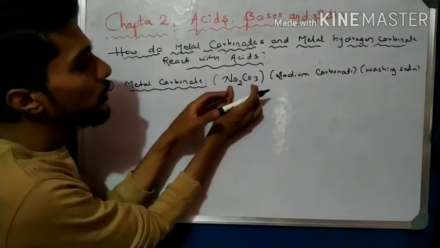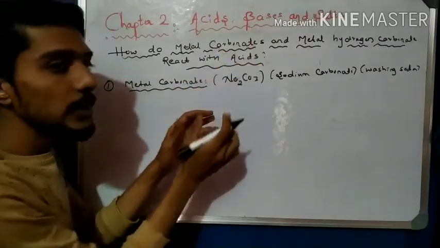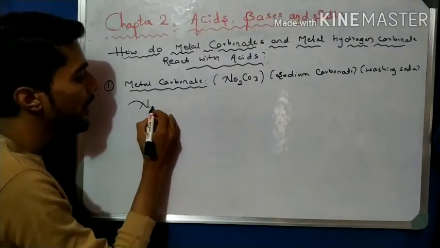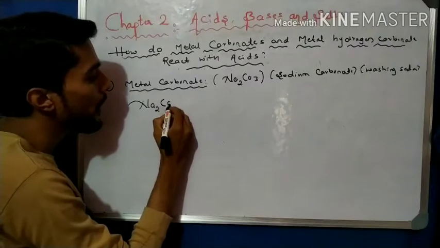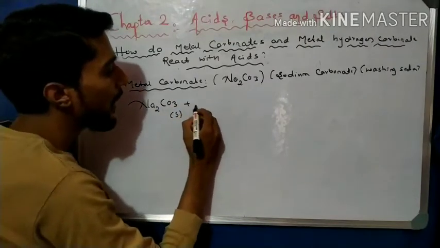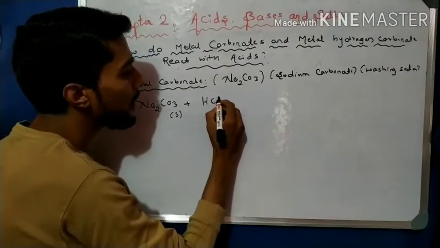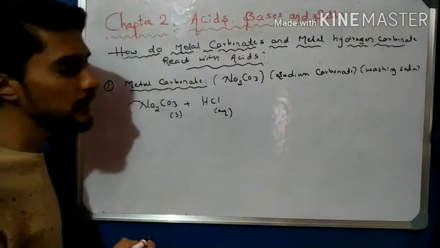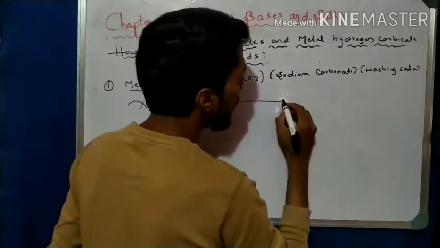So what happens when Na2CO3 reacts with acids? What products are obtained? Take the reaction here. I take Na2CO3, the metal carbonate, which is solid, plus HCl, the acid, which is an aqueous solution, hydrochloric acid. Now the reaction takes place.